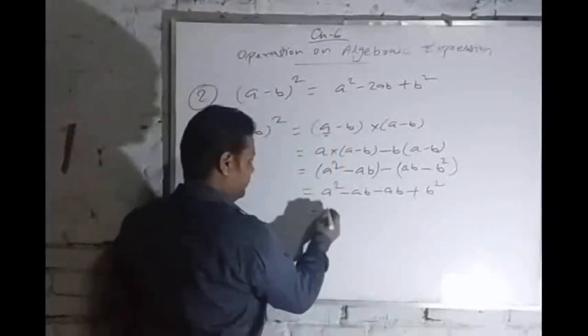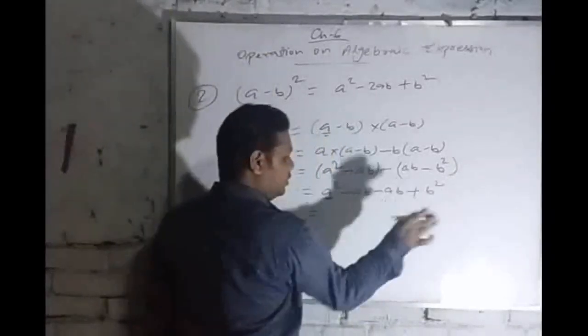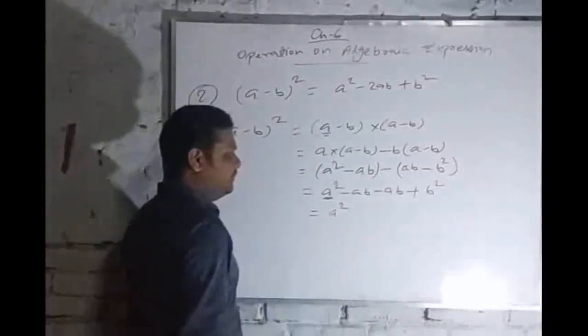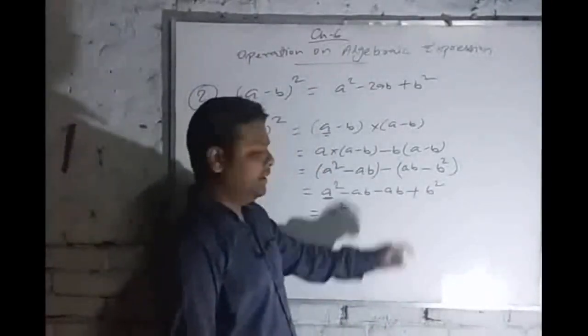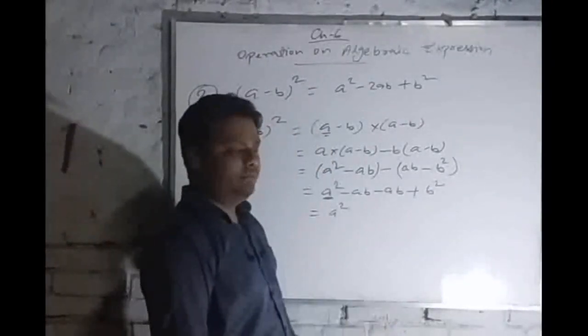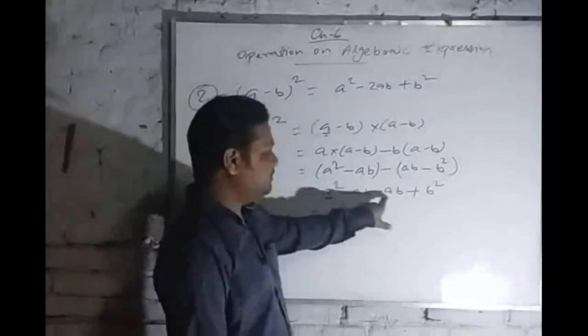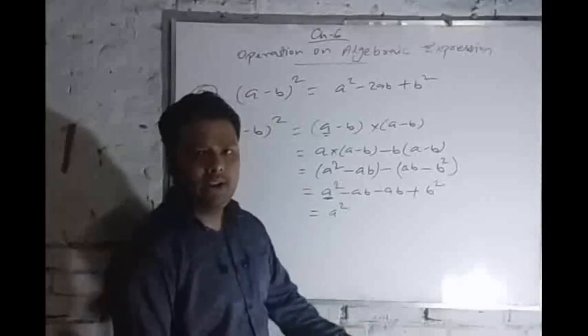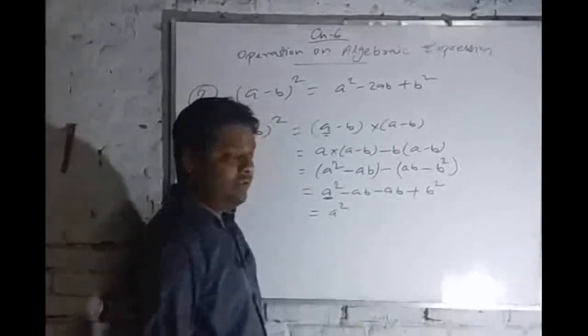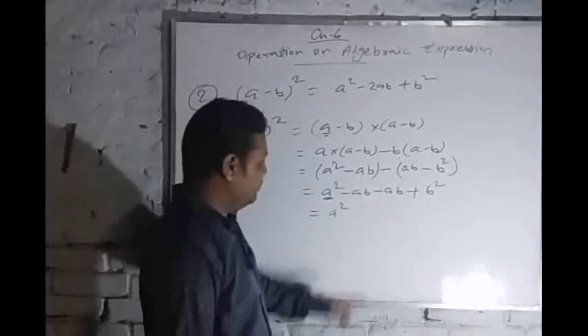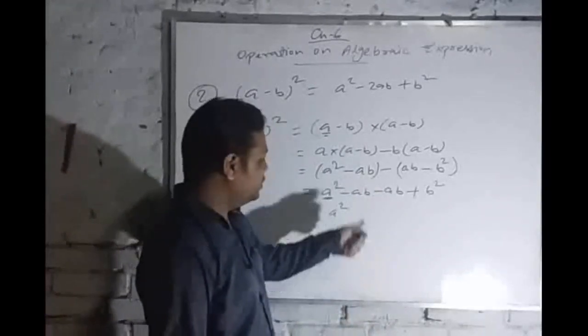Now, a² and a², one term only, so directly we will write a². Then ab and ab, both are like terms. One has minus sign, the second one also has minus sign. So minus minus, that is we will add. But which sign will we write? Any sign, because both are equal. So we will write the same sign, minus.